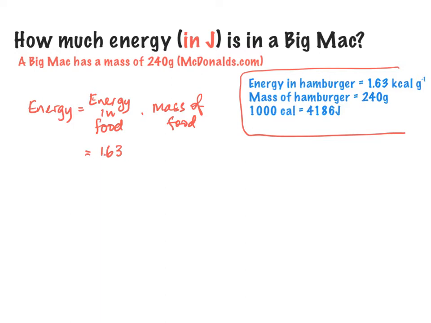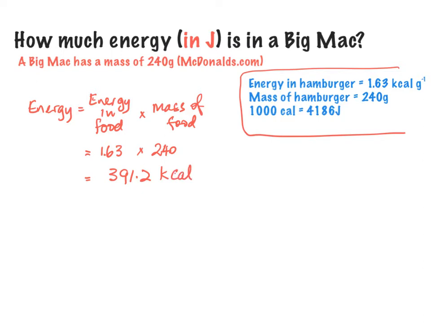That's 1.63. And if we multiply that, I'm going to use little crosses because otherwise we get confused. There are 240 grams in one of these. So if I do the sums on that, 240 times 1.63 equals 391.2 kilocalories.